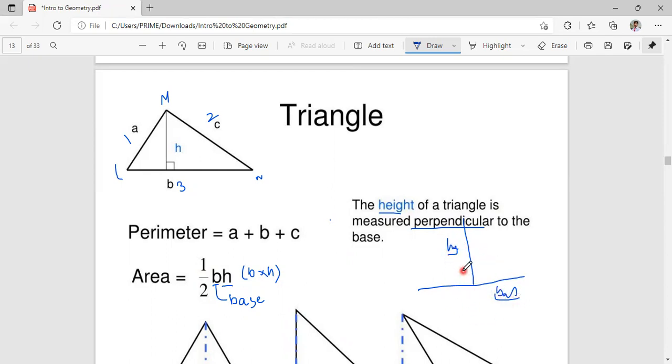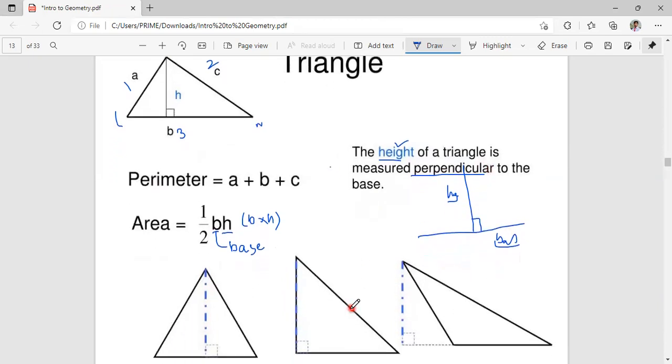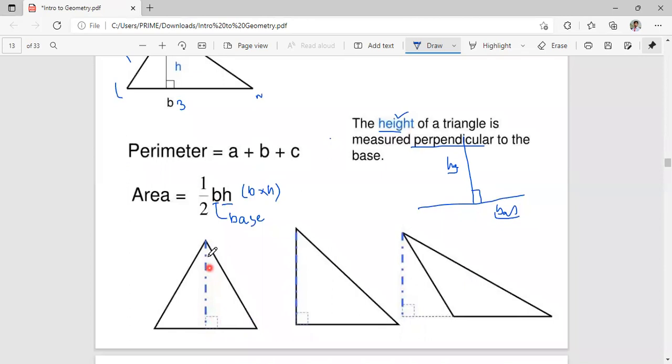The statement says that the height of the triangle is perpendicular to the base, meaning it is at 90 degrees. If we have a figure where we cannot find the height directly, we can extend the base with dotted lines, and then we can find the height.